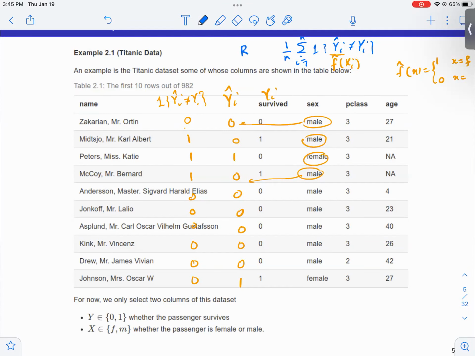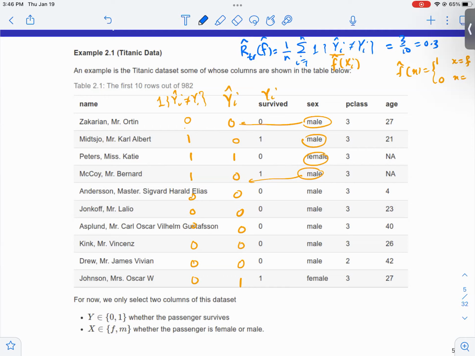I'm going to call this R training hat of f hat, and for us this would be approximately 3/10, which is 0.3. If you care just about these 10 lines, you get 30%. If you recall, what we got at the population level was 0.22. Now it's 0.3. It's okay, but not good.